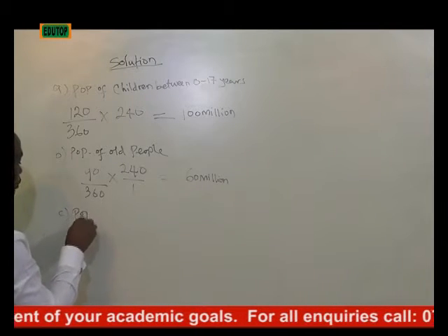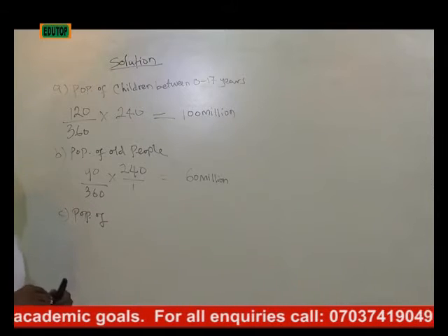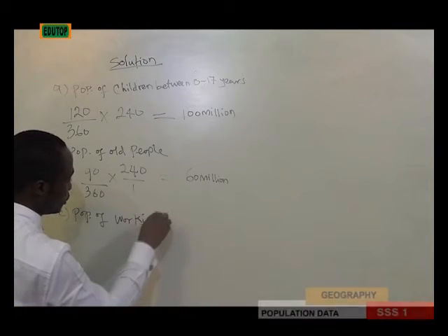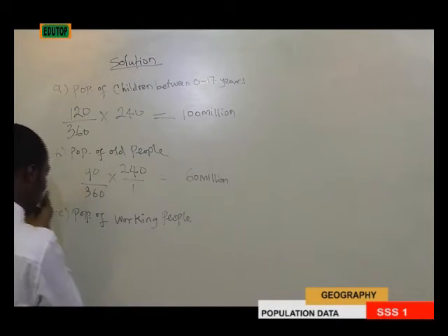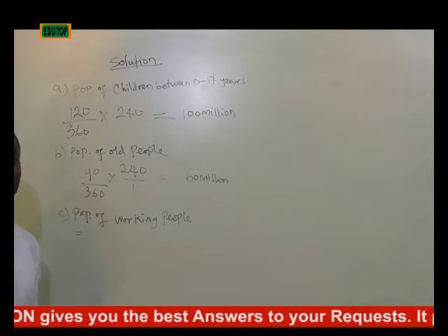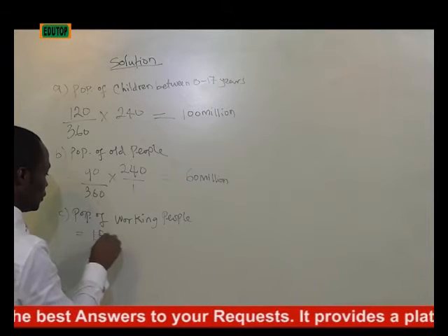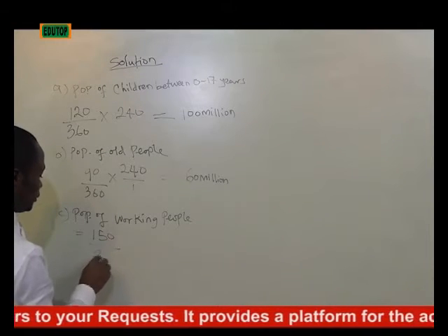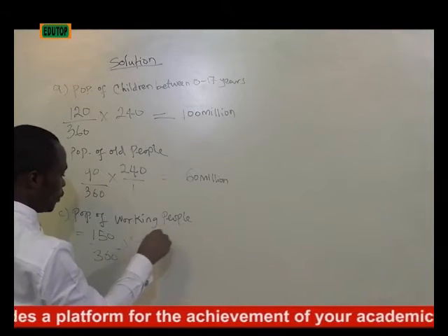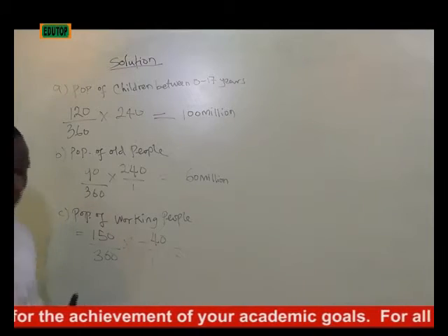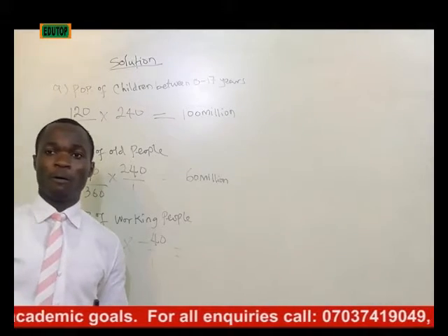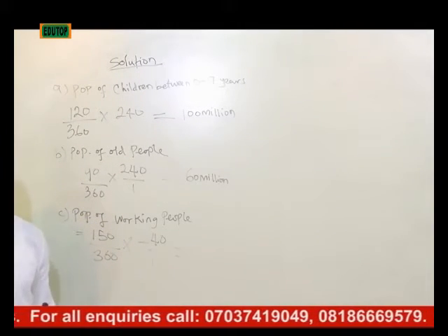So, population of working people, according to the question, has 150 over 360 times total population, which is 240. That will give us a total of 100 million.